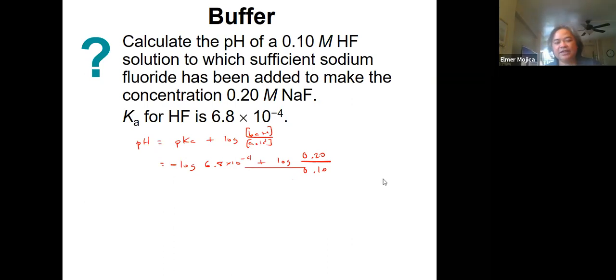So NaF is not the acid, it's not the base. What is the base? That's the base. That's the conjugate base of HF.